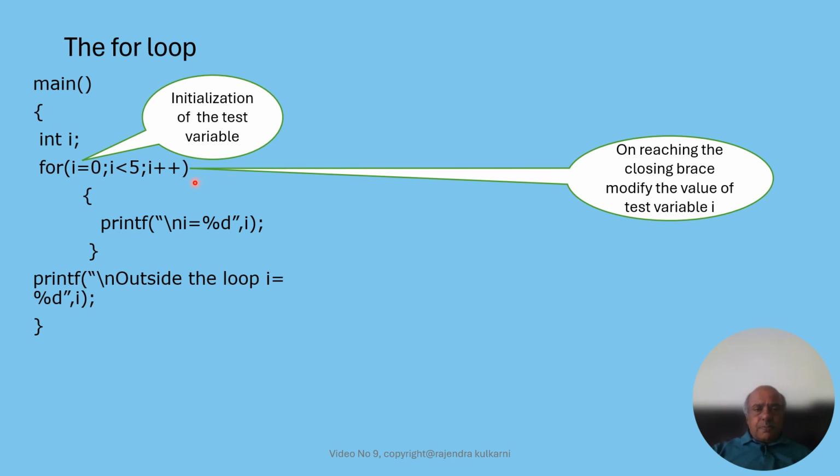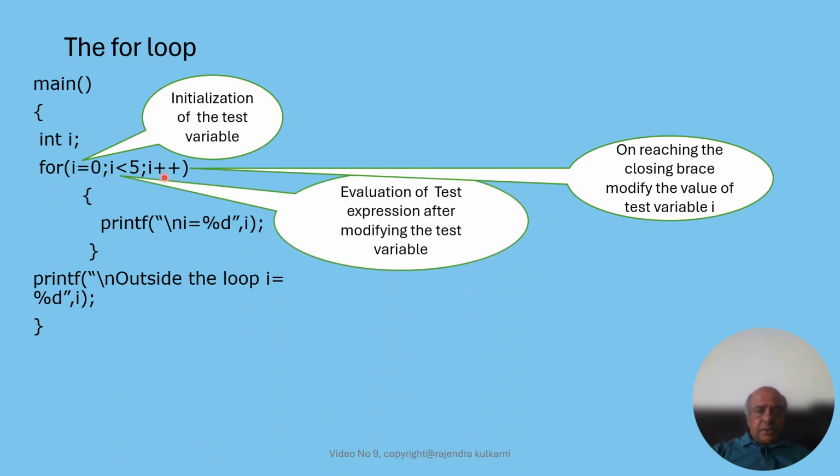On reaching the closing brace of the loop, the program modifies the value of the test variable by this statement, i plus plus. So when the program reaches the closing brace, it goes back, increments i, and then tests the condition, evaluating the test expression.